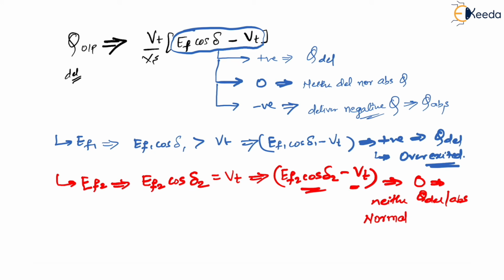When Q is neither absorbed nor delivered, we say that it is normal excitation. Remember this: normal excitation is when reactive power is neither absorbed nor delivered.